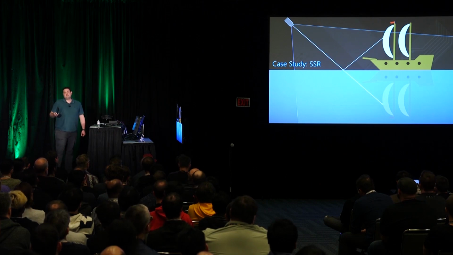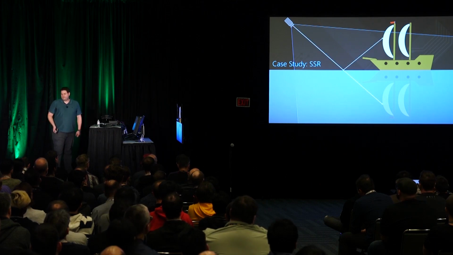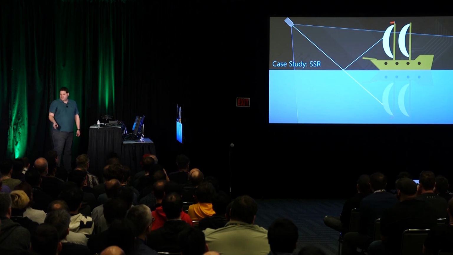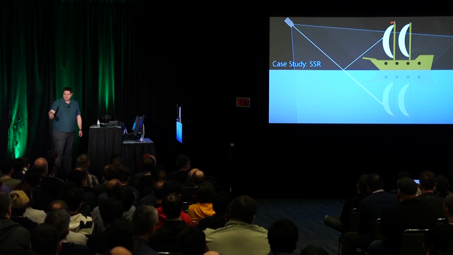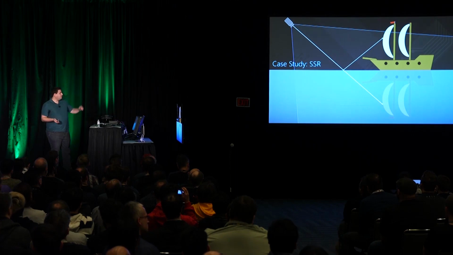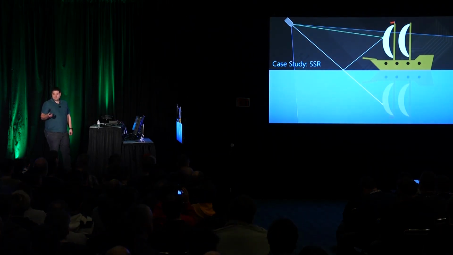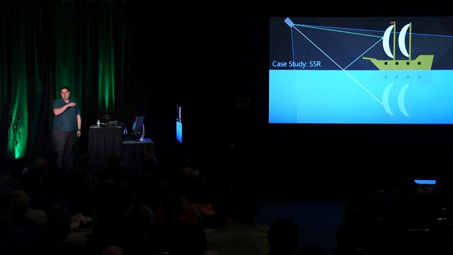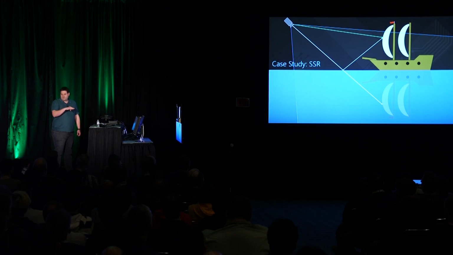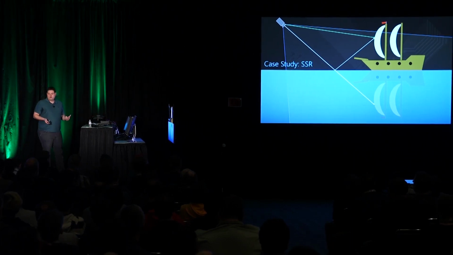In many cases, this technique will work perfectly fine. Let's say you're looking at this point on the sail. You want to reflect off the ocean into the sail up on the ship. Because you've actually rendered that point on the sail in the previous frame, you can query your depth buffer and your color buffer to figure out what that color is and use that for your reflection data.